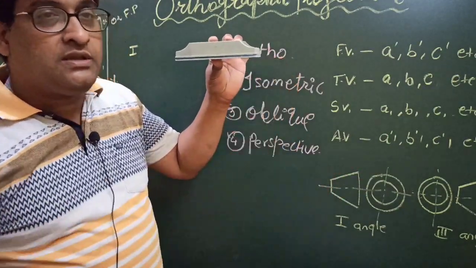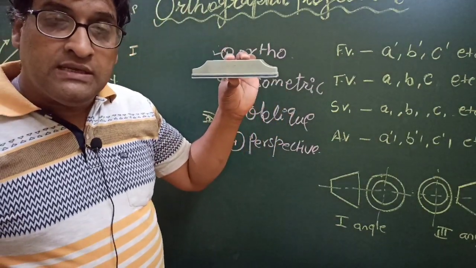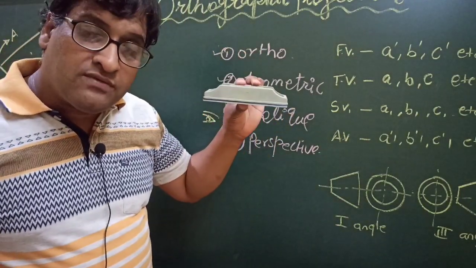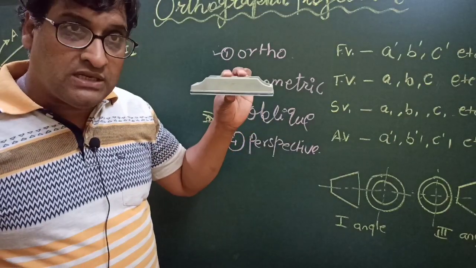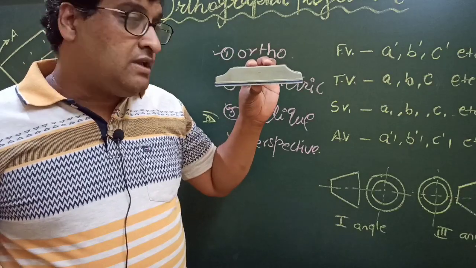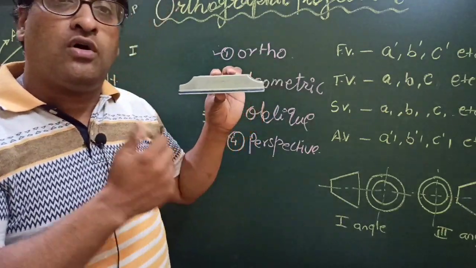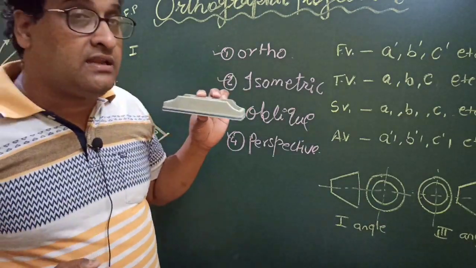So as per the position of the observer and the position of the object, the distance of the object from the observer and many more considerations, the object will be drawn. Means in what manner it is visible, that we have to draw as it is without changing anything.